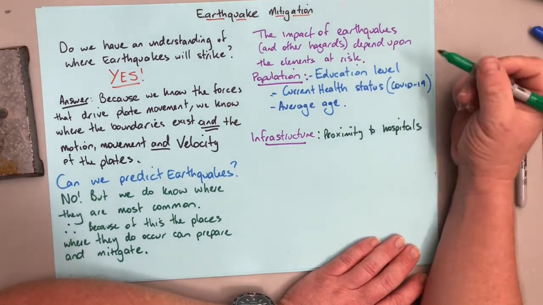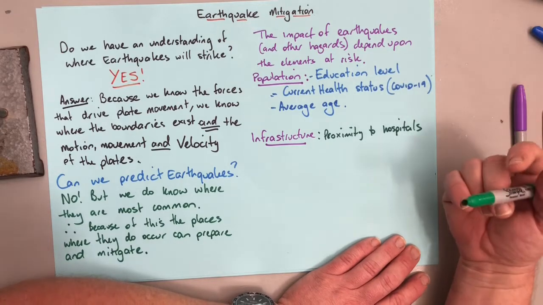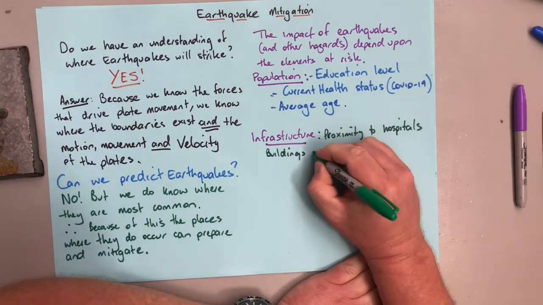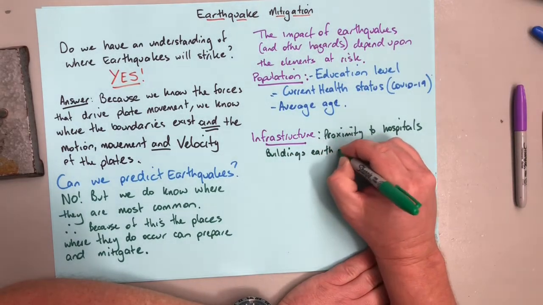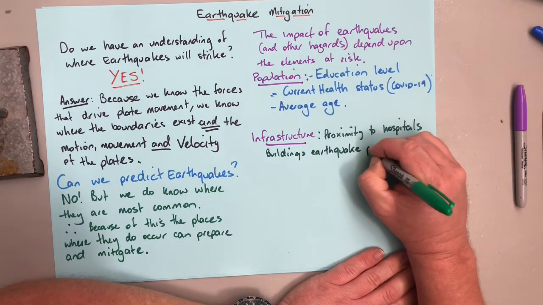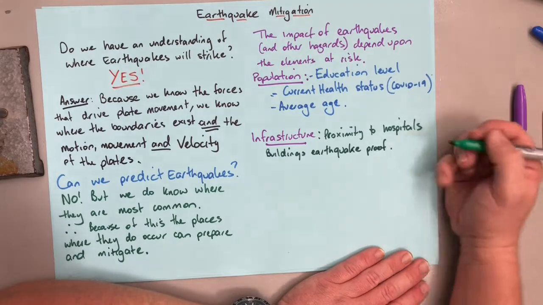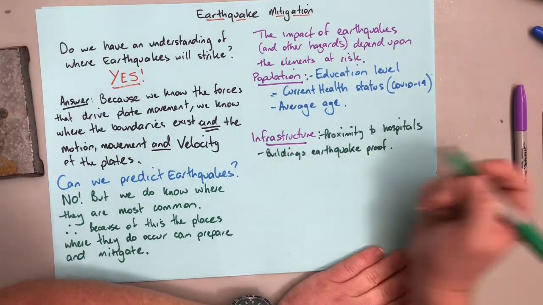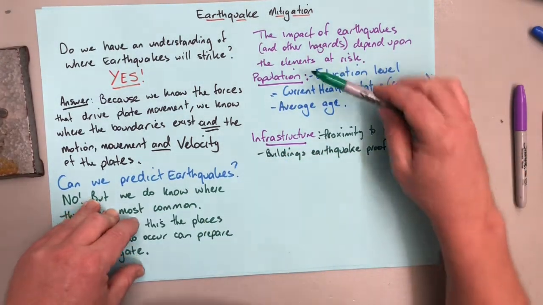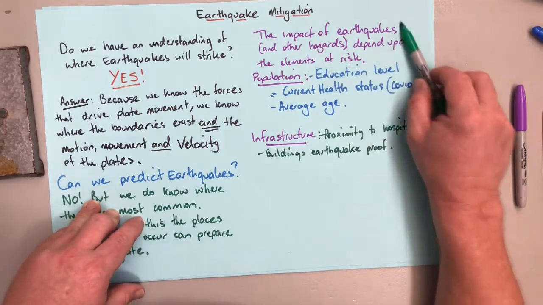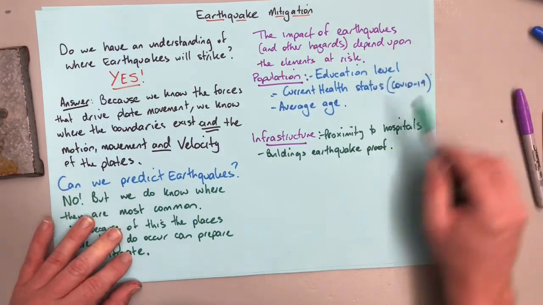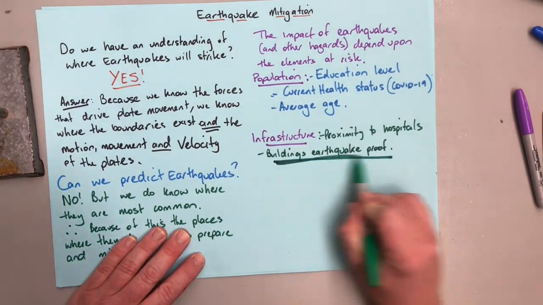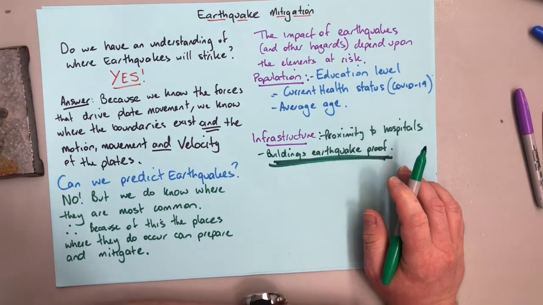Does the place where the earthquake is happening have hospitals close by? Are the buildings earthquake proof? How prone to quakes are they? So these are two examples of how population can change how at risk a group is, and also the infrastructure could change how at risk someone is. And we're going to look at a little bit more about this today.